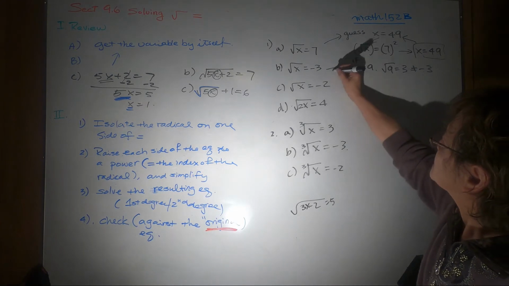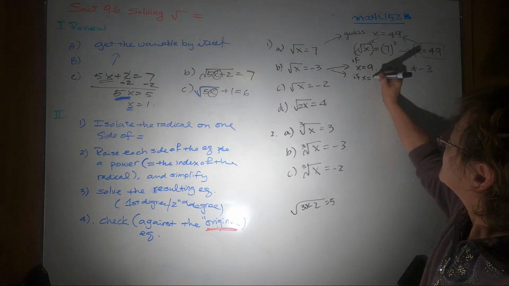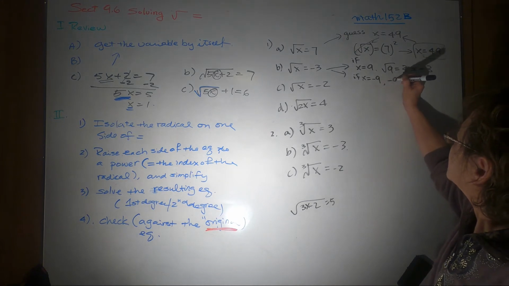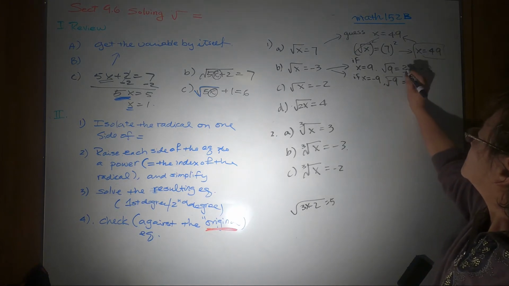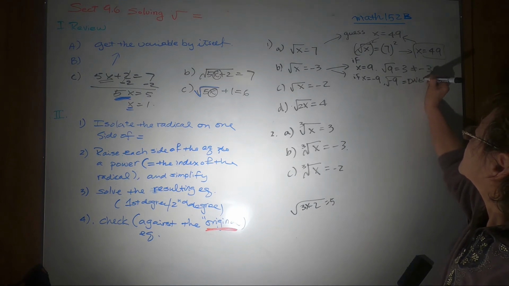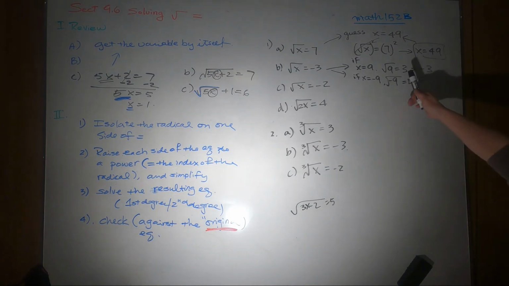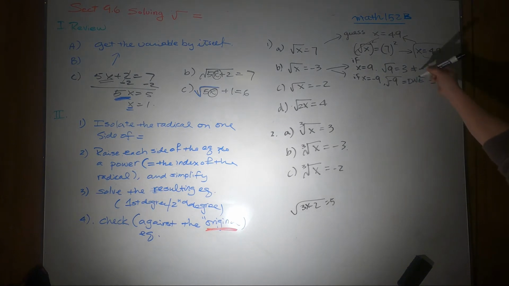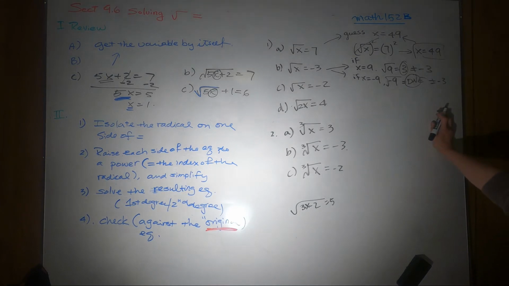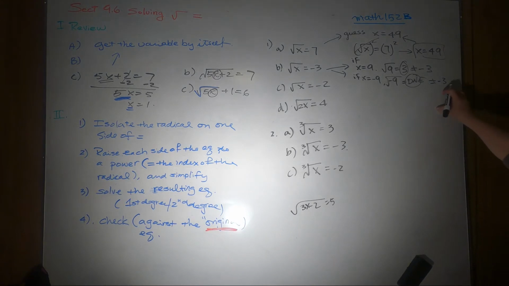If x is -9, then taking the square root of -9, that will be what? It doesn't exist. So it doesn't matter if inside it's positive or negative. It will never be a negative number. It will be either a positive number or doesn't exist.